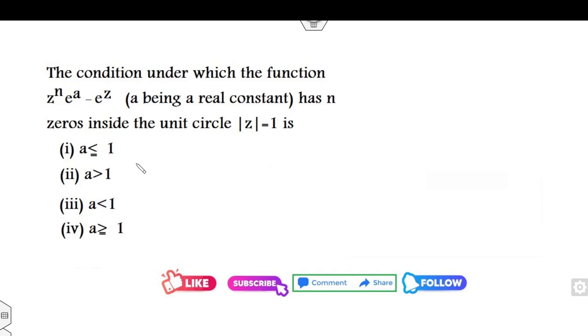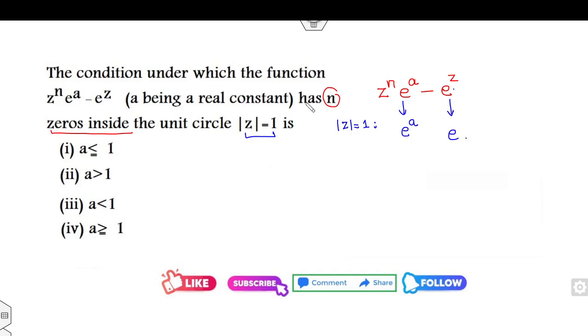Find the condition under which the function z raised to power n, e raised to power a minus e raised to power z, has n number of zeros. When it has n number of zeros on the circle z equal to 1. Fine. So can you find the value of e raised to power a? On this, the number is e.